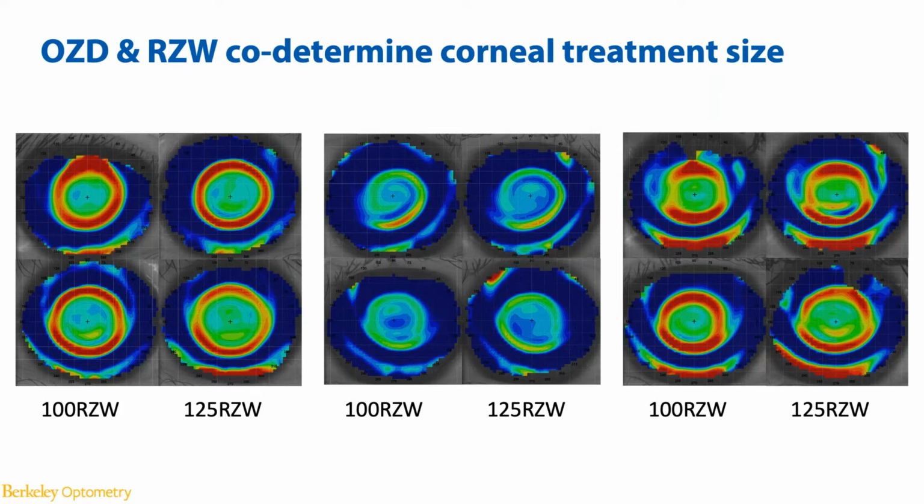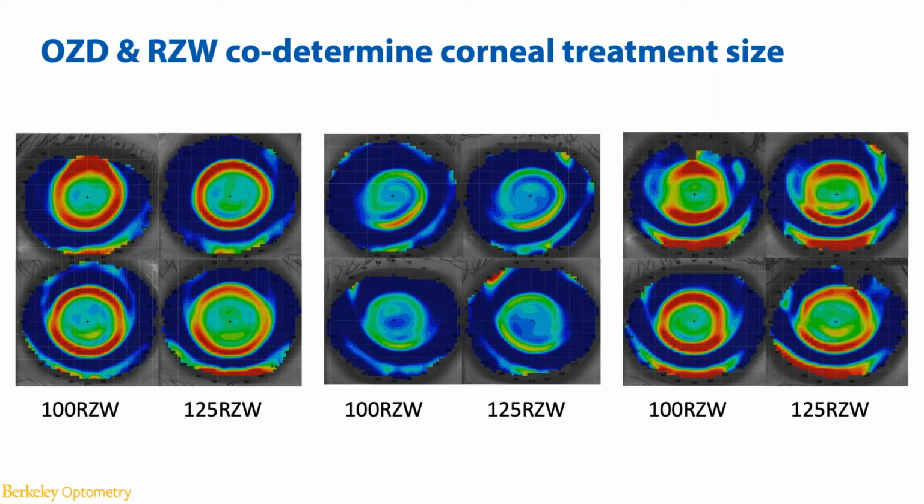And despite a small difference, you can see there is a consistent trend in which the narrower return zone width, the 100 microns of return zone width, produced a smaller treatment zone area compared to its counterpart, which has the same optical zone diameter, but a wider return zone width.